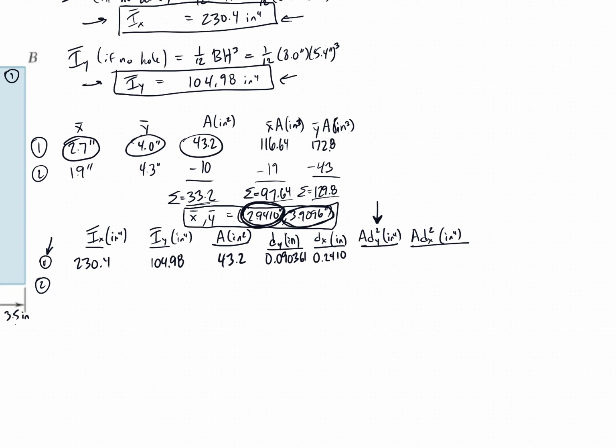I'm going to multiply it by 0.090361. It's too many sig figs, but it's enough that we're going to be okay. Oh, sorry, we got to go back up. You have to be very careful here that you remember to square. And we get a very small number in this case, 0.35273.